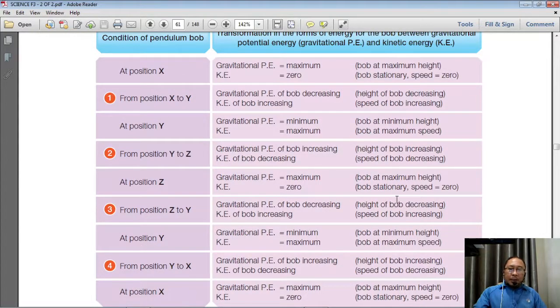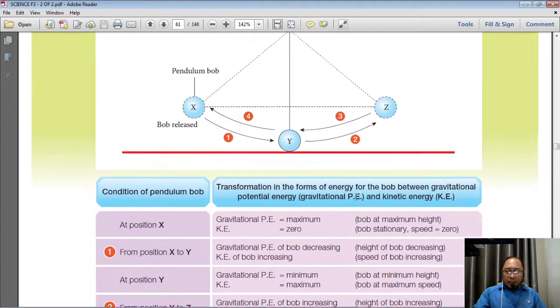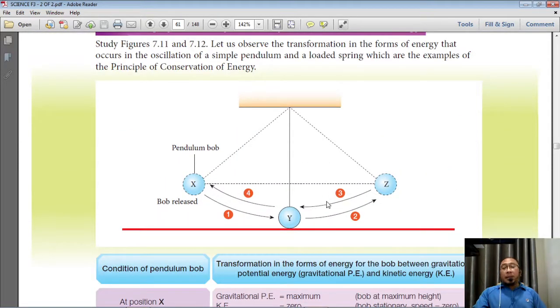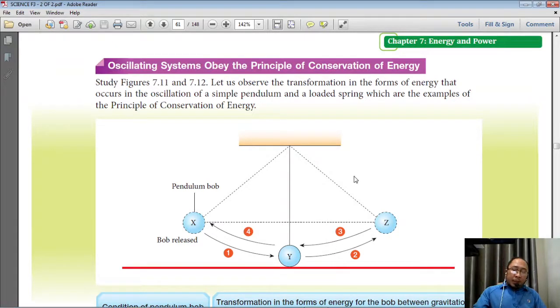So the whole thing about this oscillating system wants to tell you that energy can be transformed to another type of energy. This energy already exists, cannot be created and cannot be destroyed, but can only be converted to another type of energy.